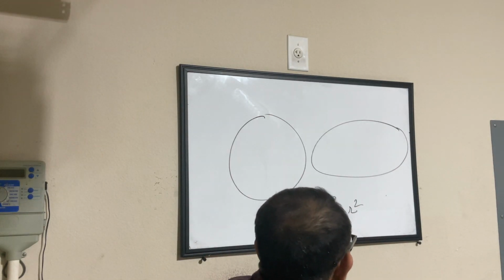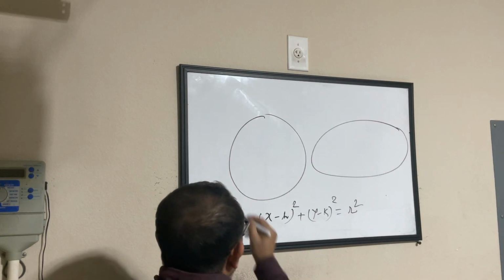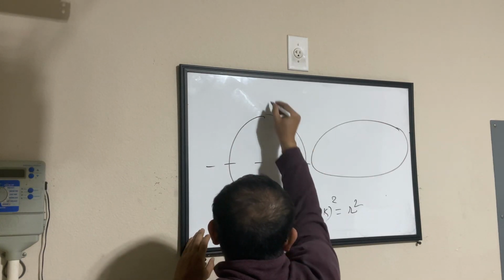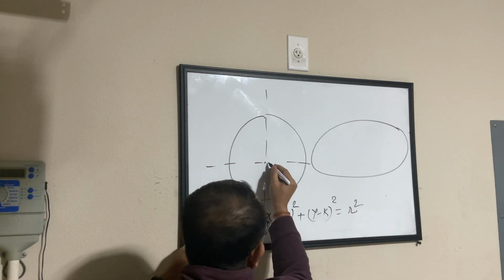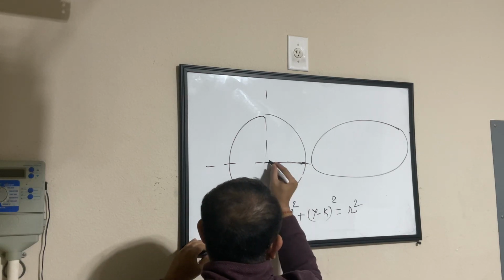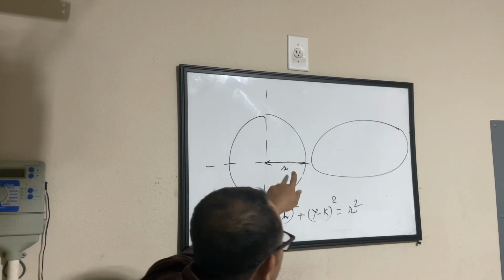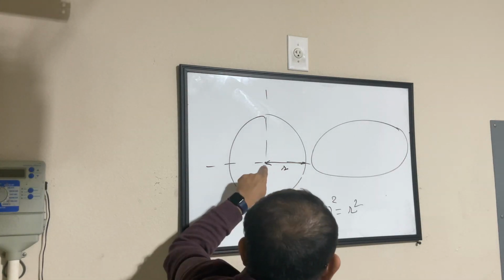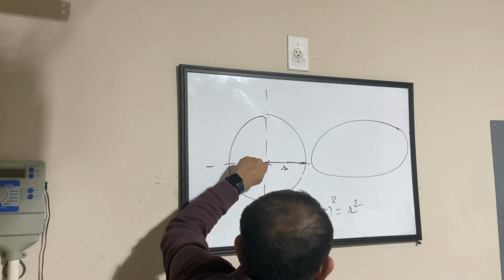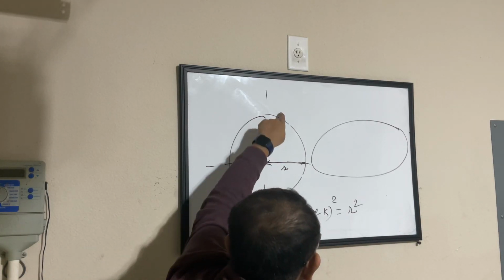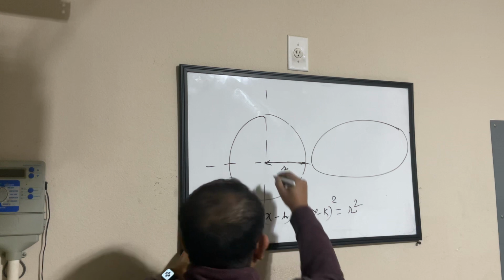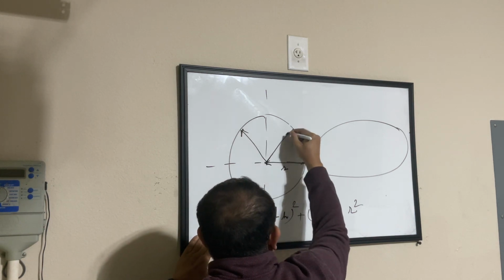Now, in case of a circle, whether it's at the origin or whatever be the case, the only thing you need to know is that the radius remains fixed, meaning every distance from the center to the border, or the perimeter, is the same, which is called the radius.